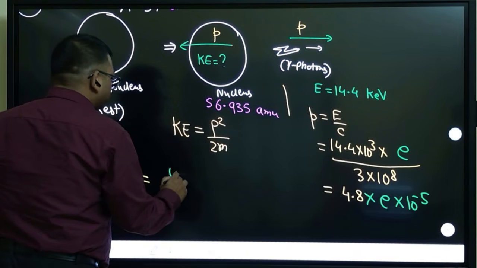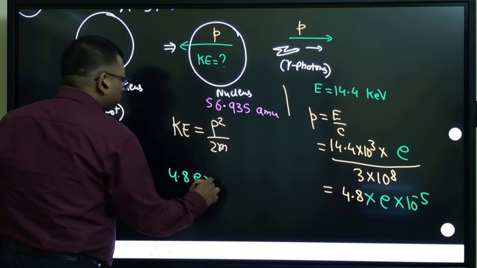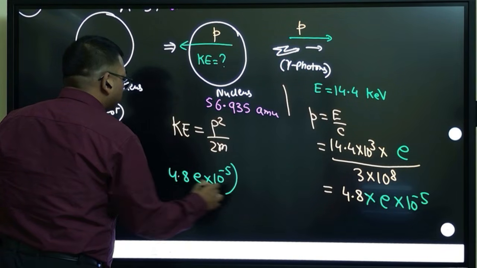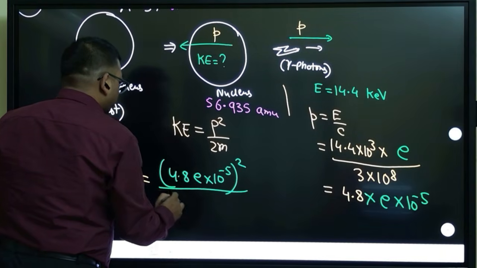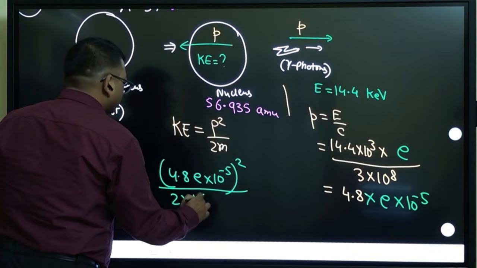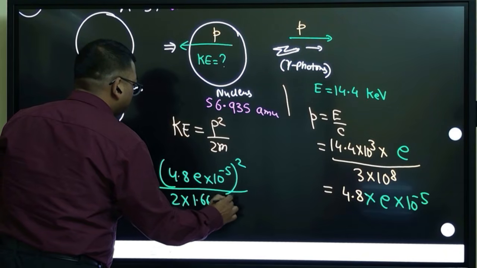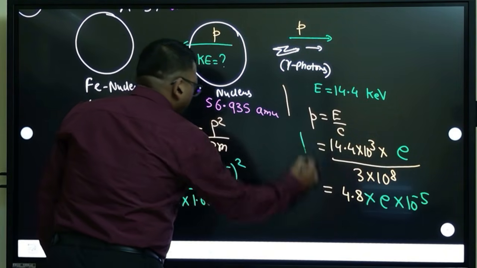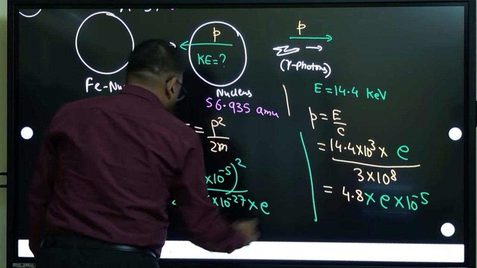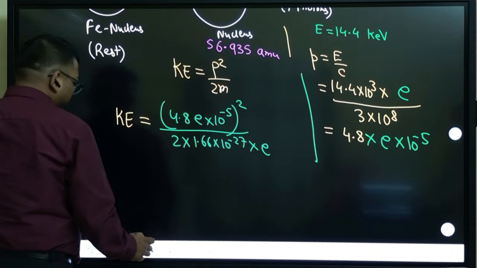So (4.8 E into 10 to the power minus 5) whole square divided by 2 times mass, which is 1.66 into 10 to the power minus 27, and to convert into electron volt we'll divide by E. Now you calculate, this will be the answer in electron volt.